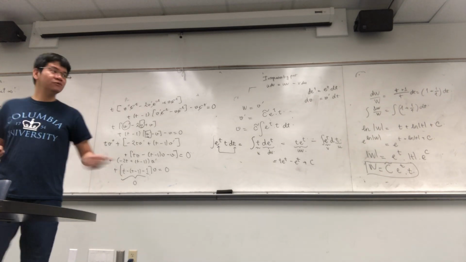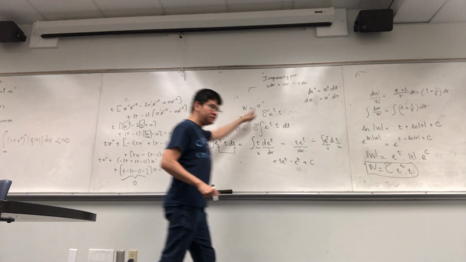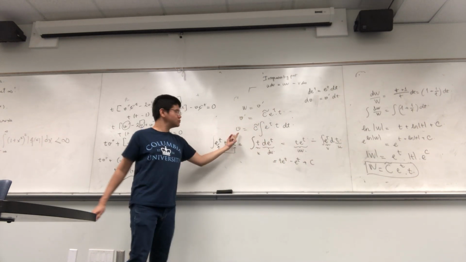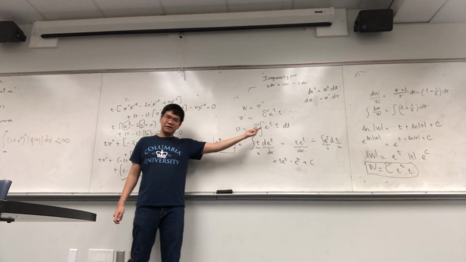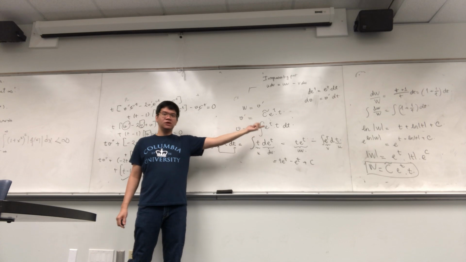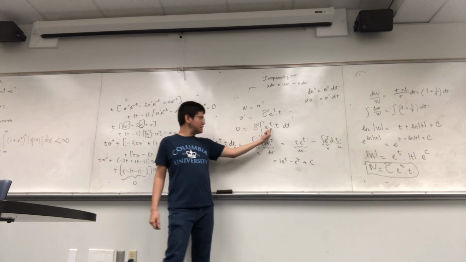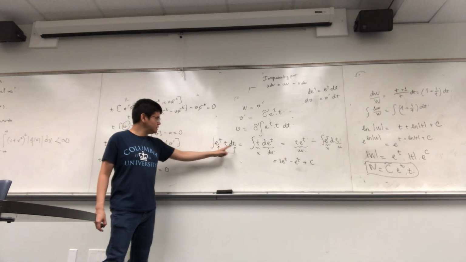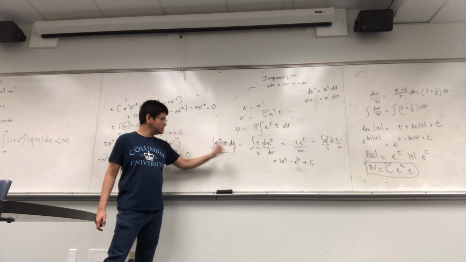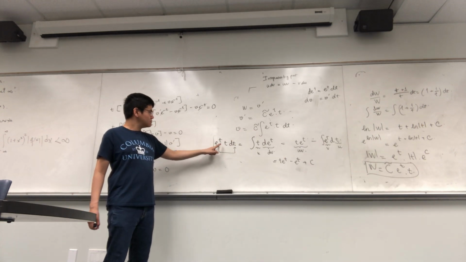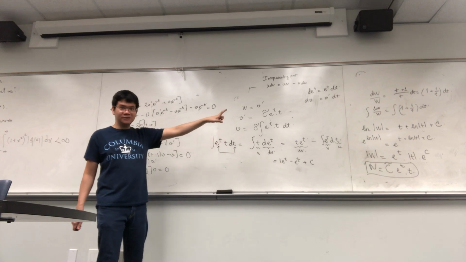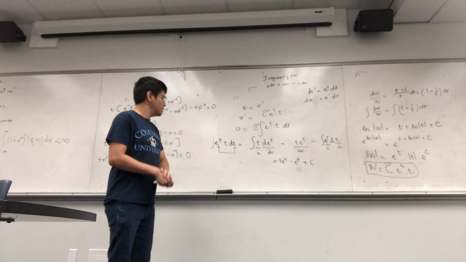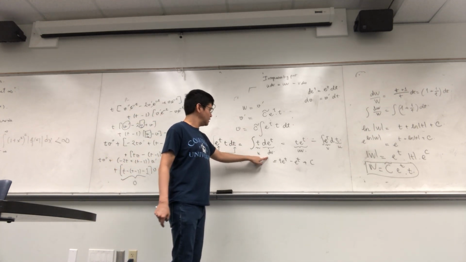So you know that w is v', so in order to find v, you have to take the integral of w, which means that you have to take the integral of e^t dt. So e^t dt, I can group e^t and dt, so d(e^t) will be e^t dt. So here I have t d(e^t). All right, this is u and this is dv.